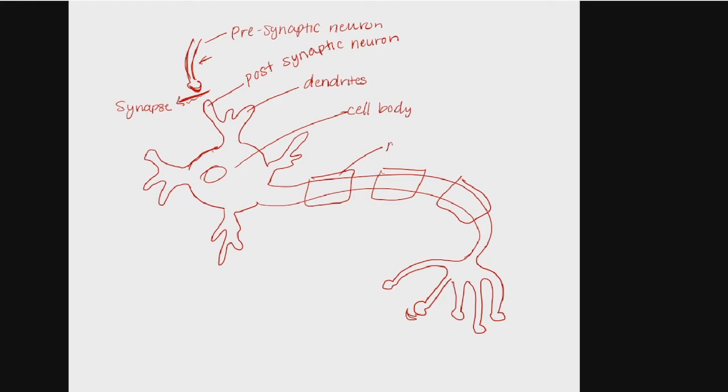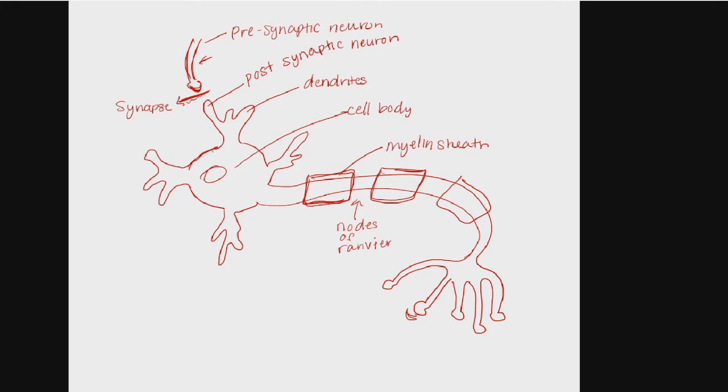These are the myelin sheath, made up of Schwann cells and oligodendrocytes specifically. And these are those nodes of Ranvier that I was talking about.